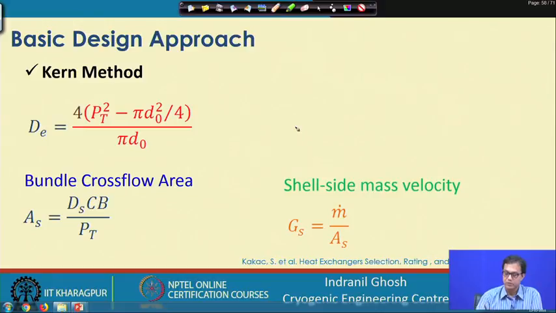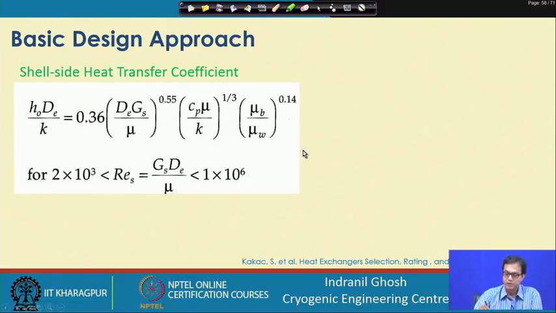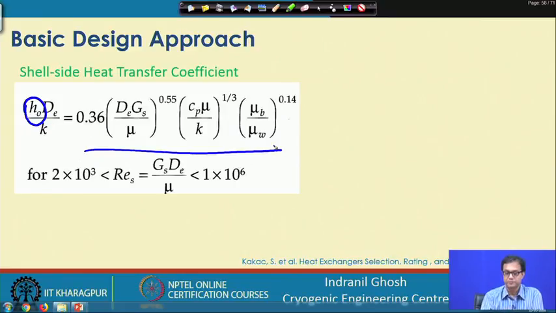Once we are able to get those values, we will be able to estimate the shell side heat transfer coefficient, and this will be related to this correlation, which has been taken from Kakac's book, and this is for the Reynolds number range 2 into 10 to the power 3 to less than 1 into 10 to the power 6.